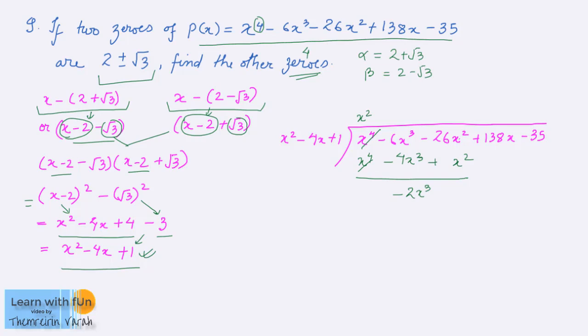we get minus 2x cube and here minus 26x square minus x square, minus 27x squared. Okay, plus 138x minus 35. Minus 2x times x square is minus 2x cube, same. Minus 2x times minus 4x is plus 8x square. Minus 2x into plus 1 is minus 2x.